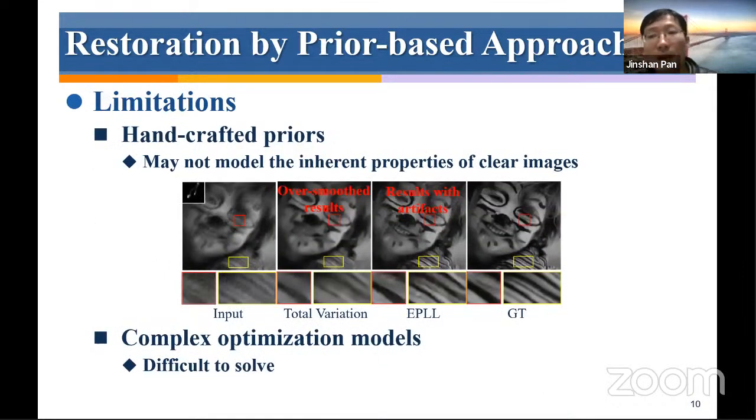Another problem is that as the priors are designed to be more and more complex, the corresponding optimization problems become more complicated and difficult to solve. This significantly limits the real applications of these prior-based methods, for example, on smartphones.